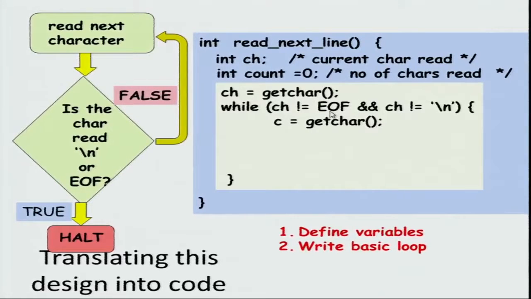So, because of this -1, you cannot keep the return value of getchar as a character. It technically has to be an integer. So, this is a technicality. Keep that in mind.